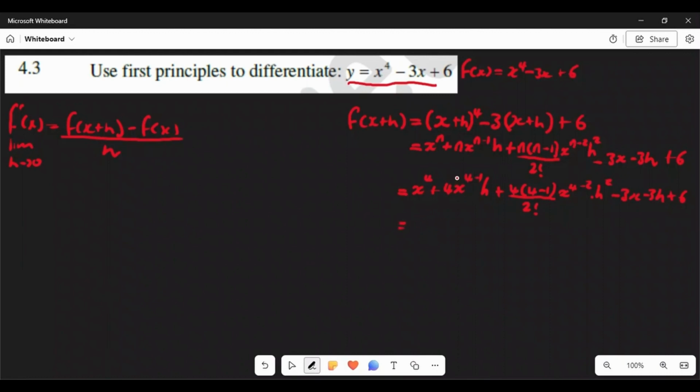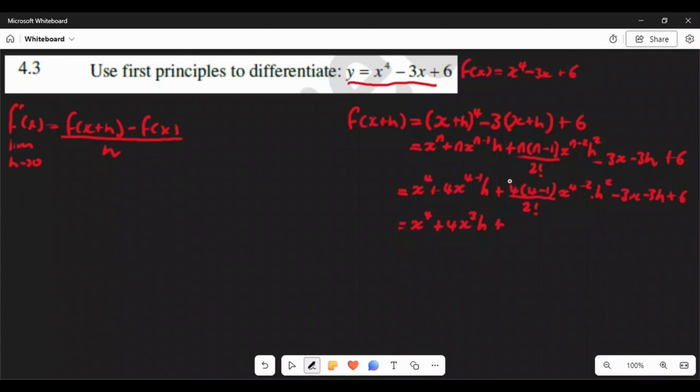So guys, as you can see, I didn't mention this is the first term, second term, and the third term. Don't go beyond that, so you don't waste time. So the first term is gonna be x to the power of 4, the second term is gonna be plus 4, but when you look at the exponent there, it's gonna be x to the power of 4 minus 1, which is x to the power of 3 multiplied by h. Now this one here is gonna be plus.